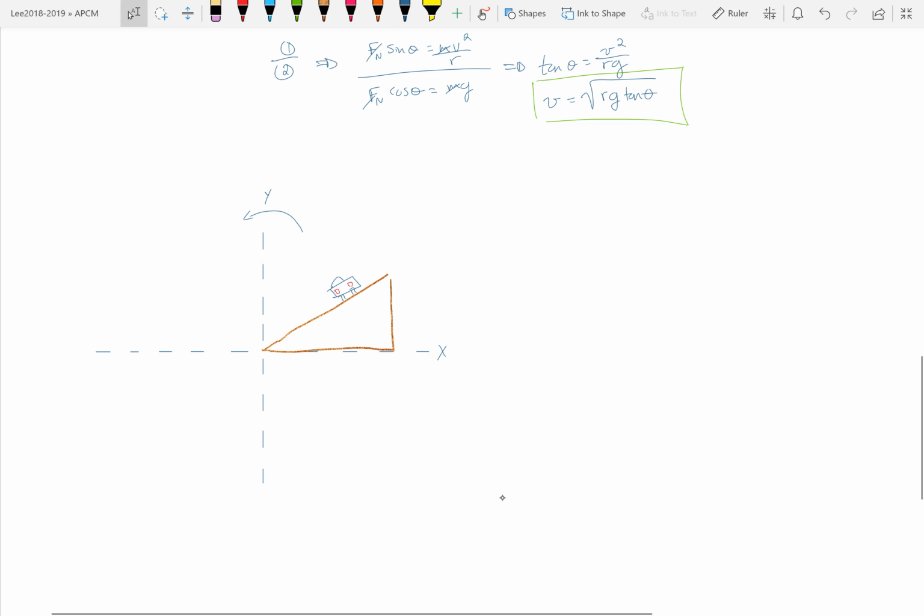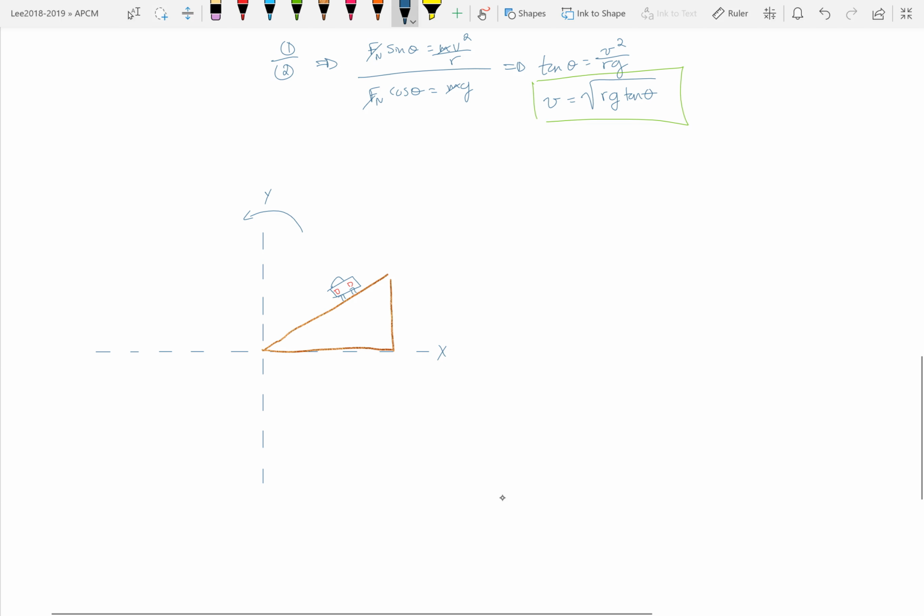Towards the center of the circle is the positive x direction, just for convenience, because we have to have a net force towards the center of the circle in order for it to have an acceleration that's centripetal. And this is a circular motion, so it's most convenient usually to call the direction of the centripetal acceleration the positive direction.